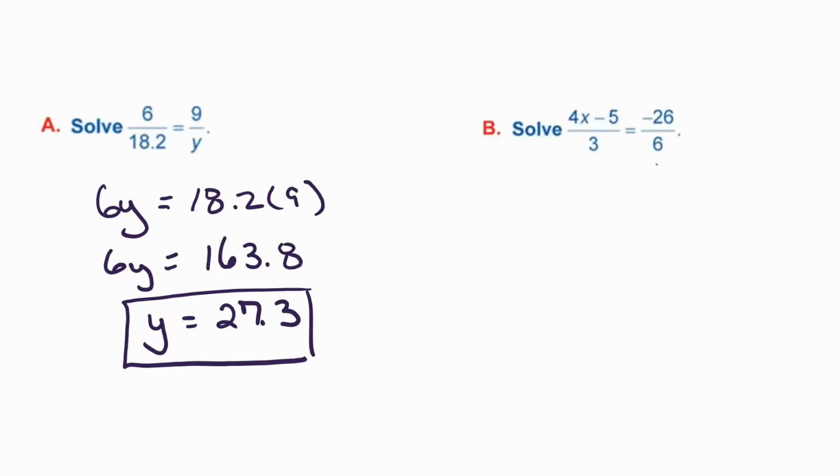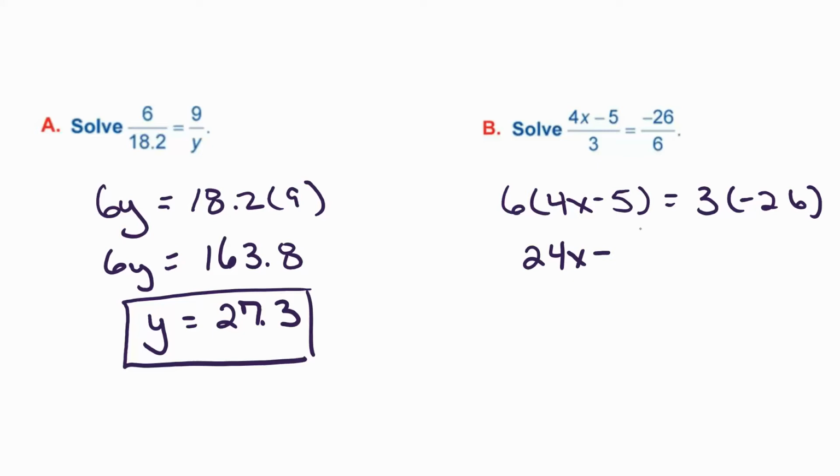Again, for problem B, we have two fractions. So we're going to cross multiply again. So 6 times 4x minus 5 equals 3 times negative 26. Distribute, and then solve for x.